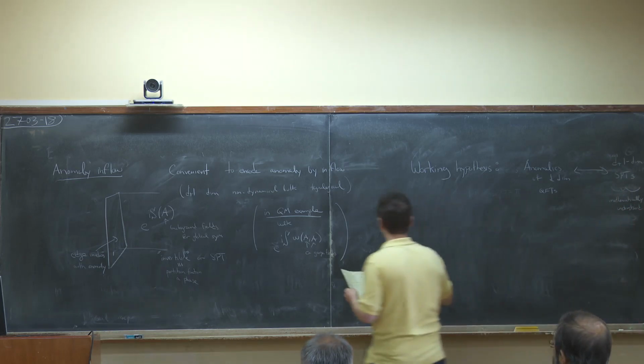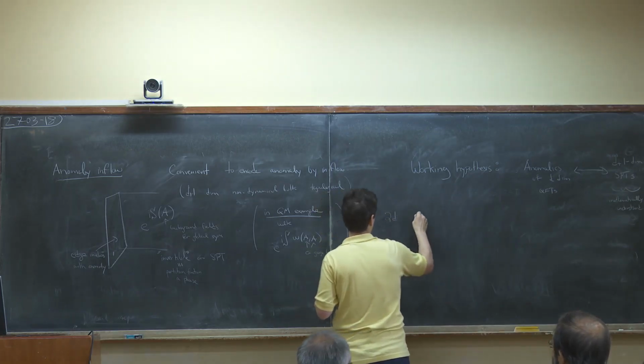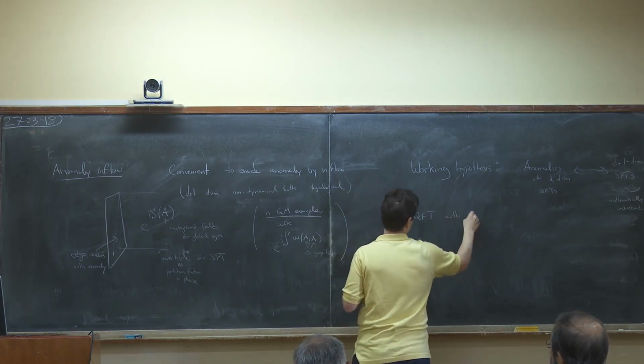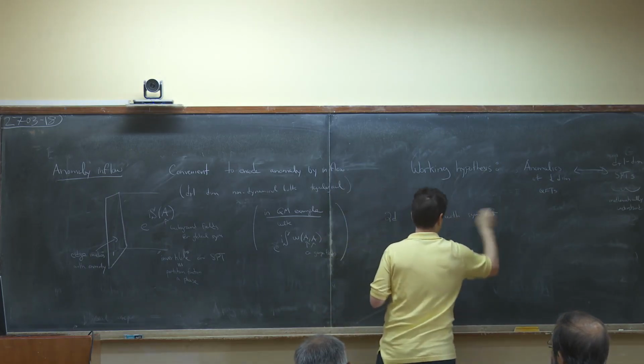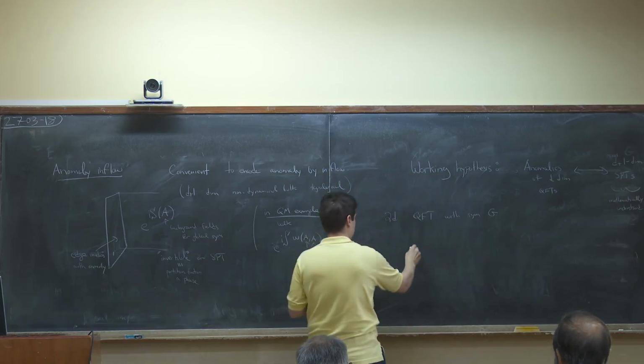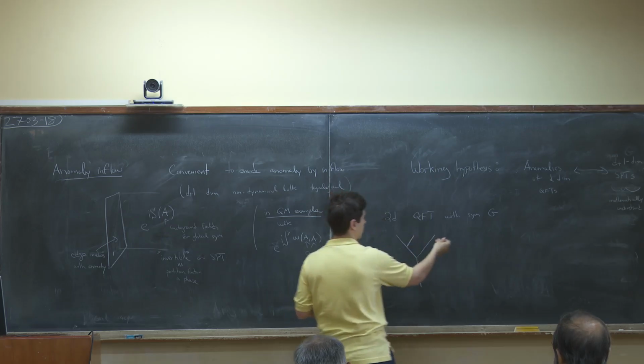Okay, we did quantum mechanics, so let's do a 2D QFT with symmetry G. Let's look at the following picture. The symmetry defects are lines.